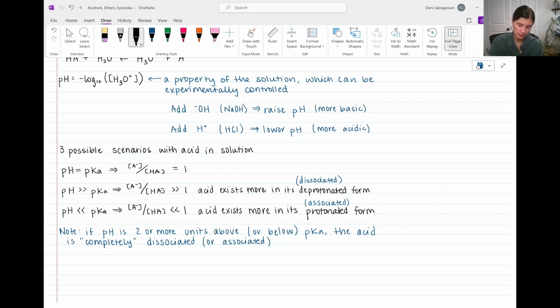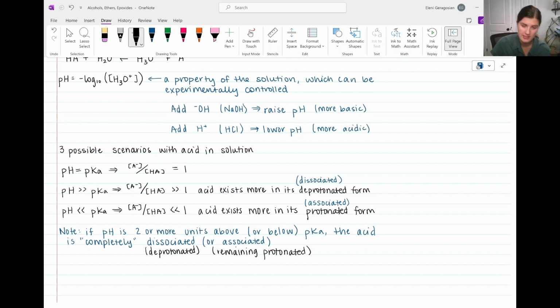Now remember, dissociated is deprotonated. The proton has left the acid. Associated is like remaining protonated.